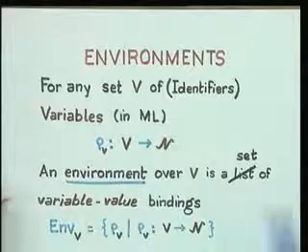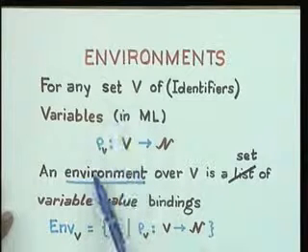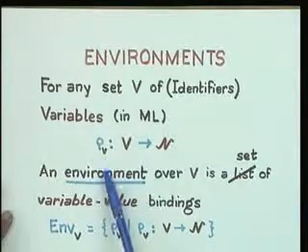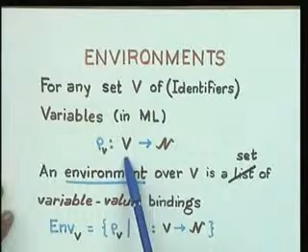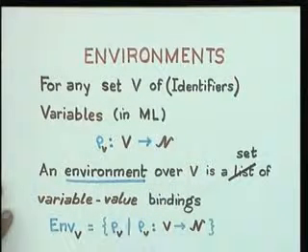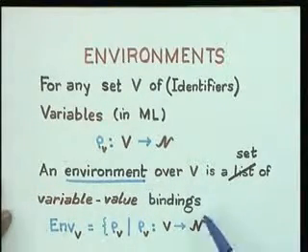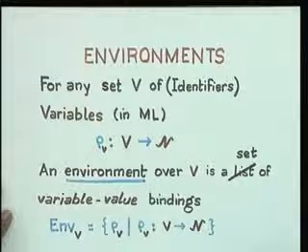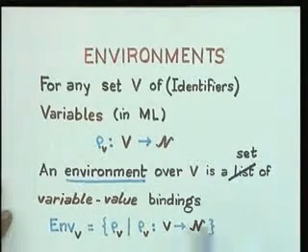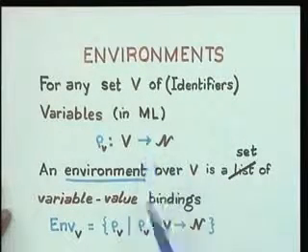Then finally we define the notion of an environment as a function. An environment over a set V of variables is just a function which maps the variables onto a particular domain of values, and an environment is a set of variable value bindings, and this function actually defines the binding.